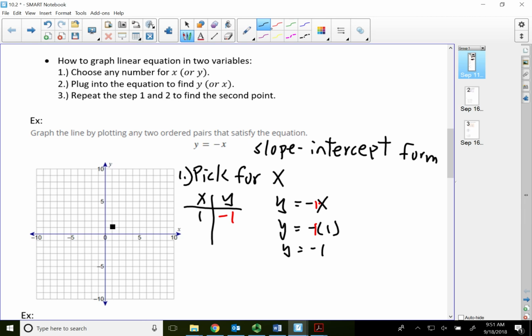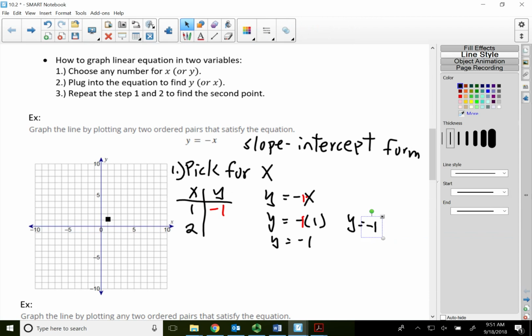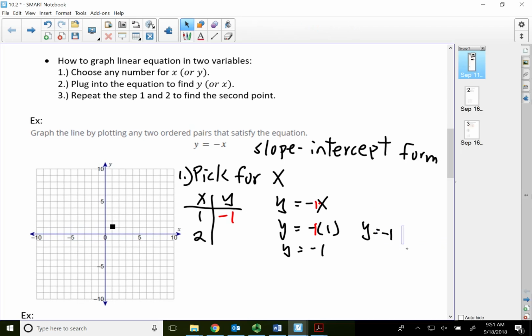So this time I'm just simply going to pick x to be 2. Any number I want, though I'm not going to pick super big numbers, of course. When I pick x equal to 2 and plug it in, y equals negative 1 times 2, which is y equal to negative 2.